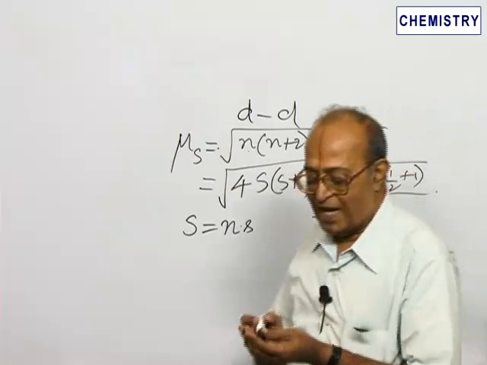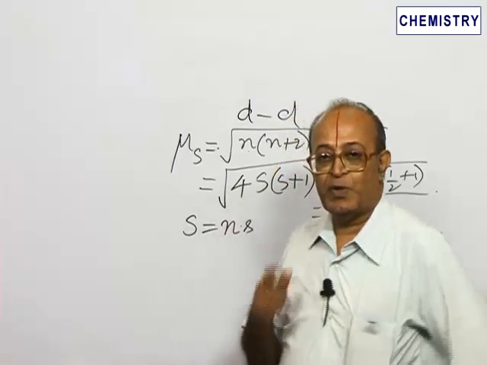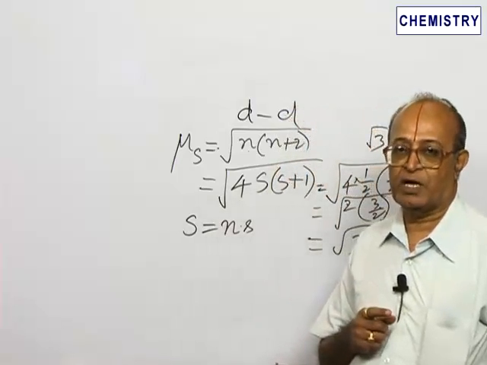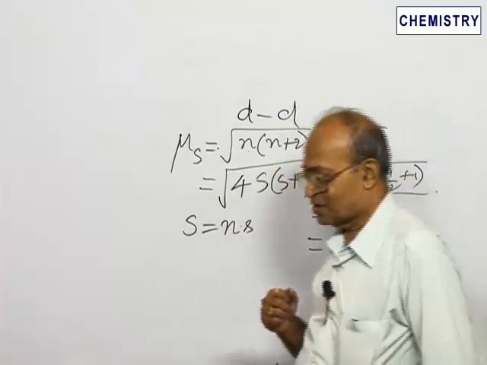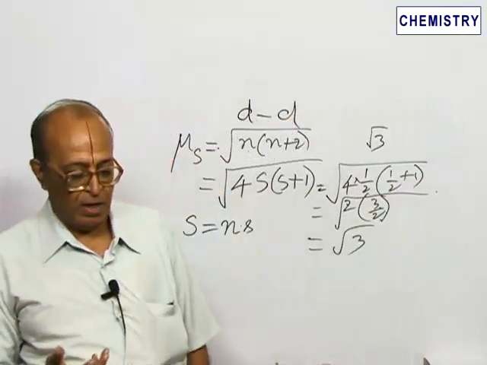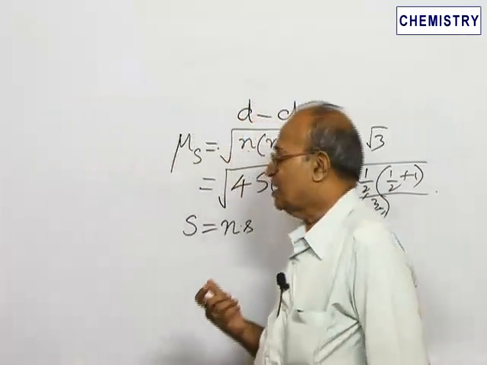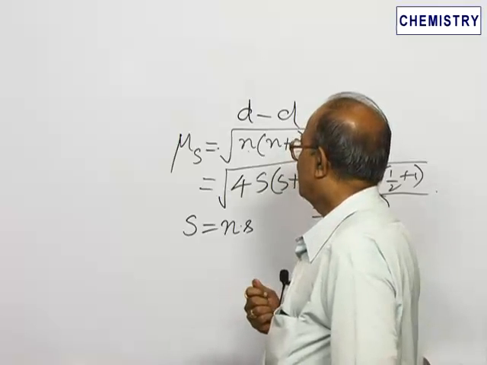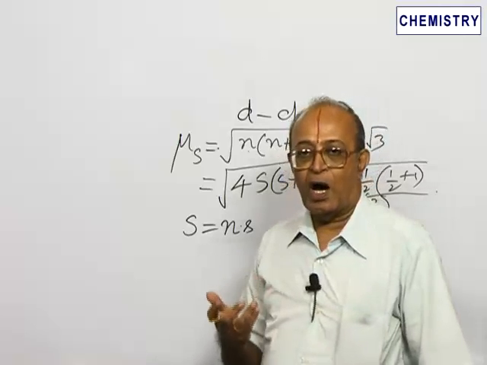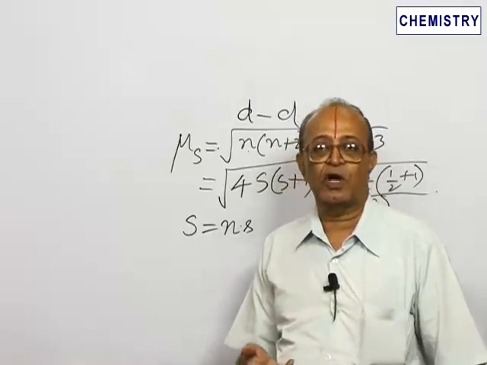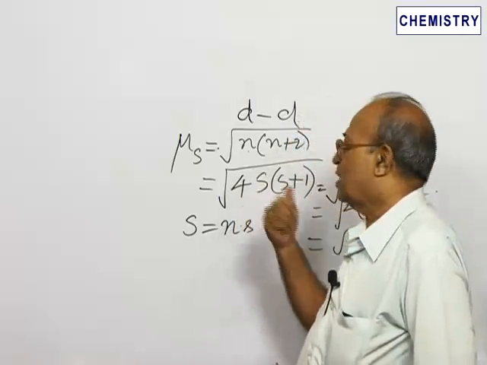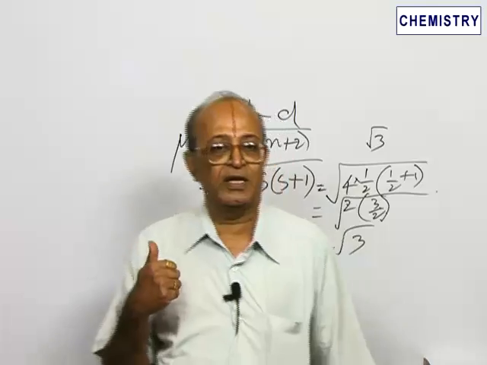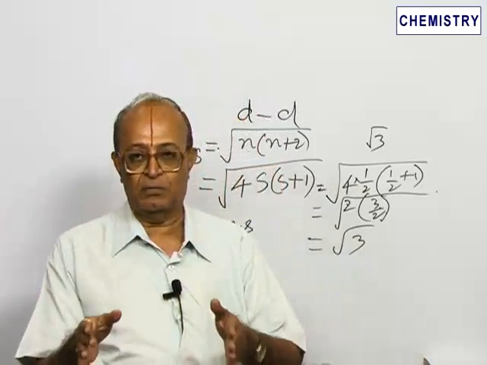So we can calculate the spin only magnetic moment for paramagnetic substances either using the expression mu s is equal to root of n into n plus 2, or mu s is equal to root of 4 into capital S into capital S plus 1.